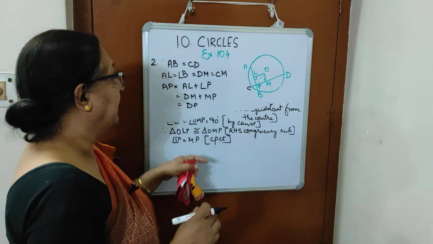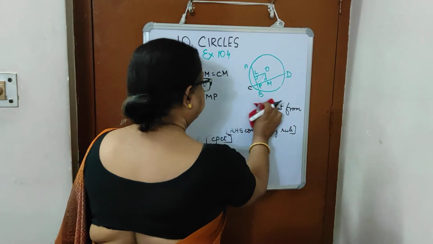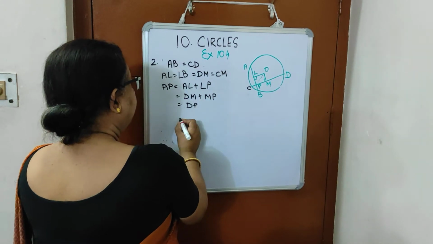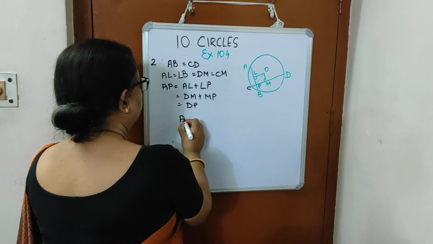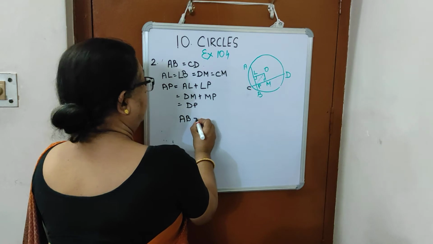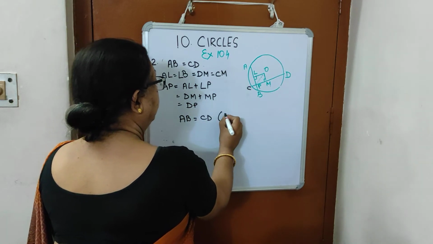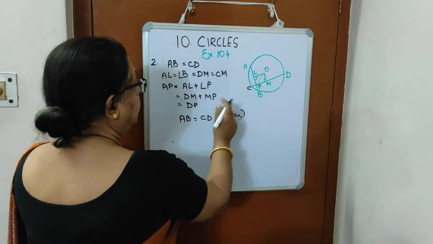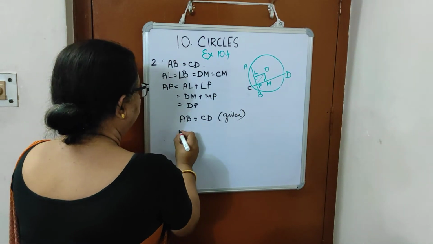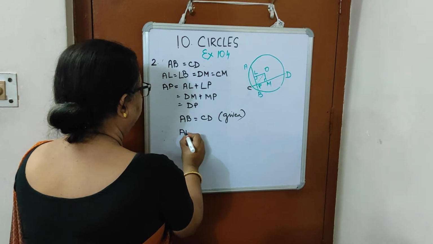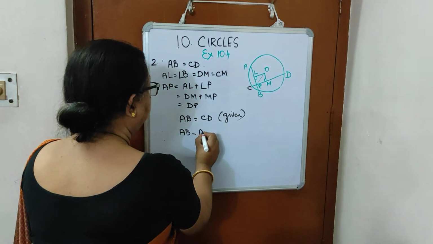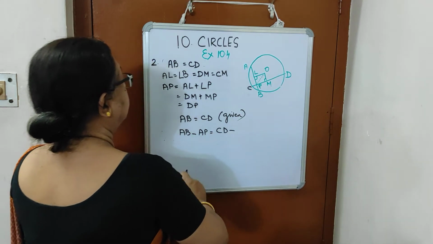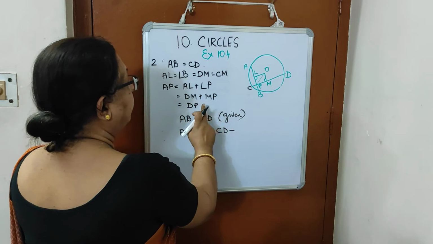Second part, this is one segment, and what is the other part? The other segment is also equal. Again, since we have AB equal to CD, this is given. Now you can write AB minus AP equal to CD minus DP.